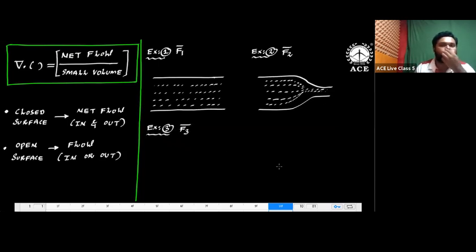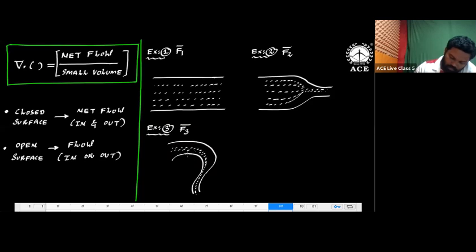F3. Okay, it is something like this. Okay, fine. So there is a vector field here.